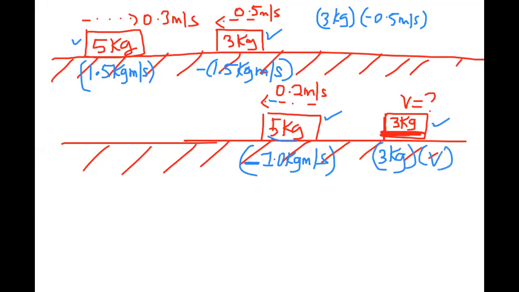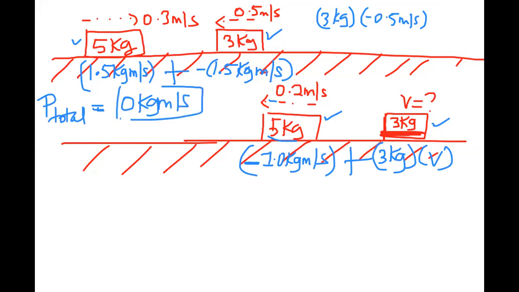To find the total momentum at the beginning, we add here, and after our collision, we add here also. So what do we have? P total before collision will just be 0, because 1.5 kilograms meters per second plus minus 1.5 kilograms meters per second is 0. So we have 0 momentum before collision, and after collision, we have this expression.